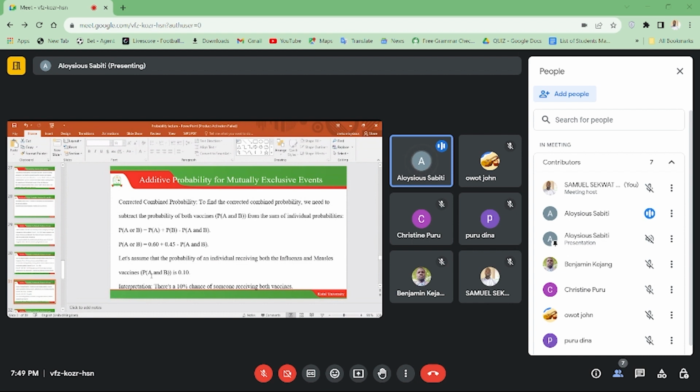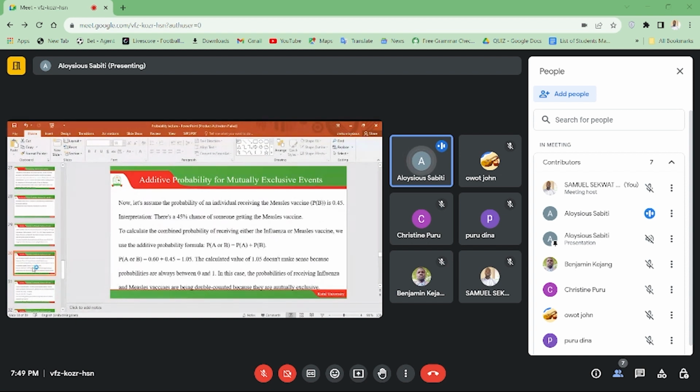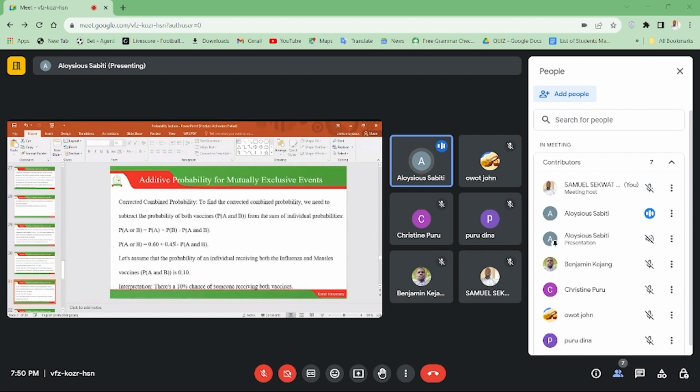So in this case, we would be able to summarize, we would be able to look at 0.6 plus 0.45 minus the probability of A and B. So if you looked at what we have here, we would be having 0.60 plus 0.45, minus the probability of receiving both vaccines.